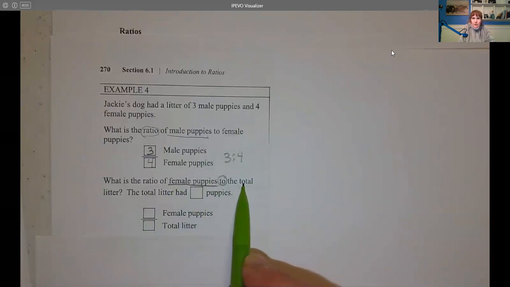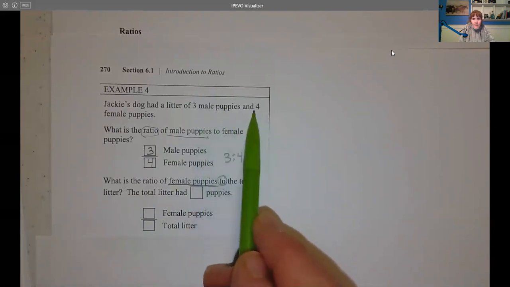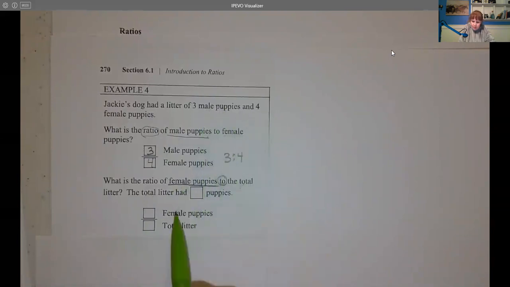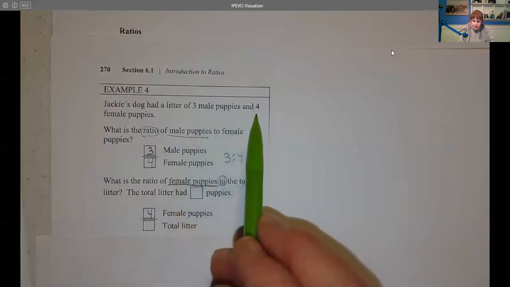But we weren't given the total. We were given the number of males and the number of females. So we want the female puppies, that came first in our sentence, which is 4, over the total. Well, it's not hard. You're going to have to find the total by adding the 3 and the 4 together.